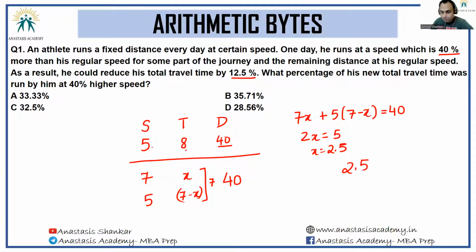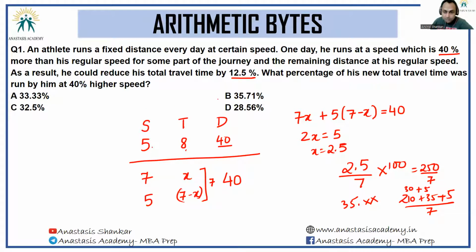It will be 2.5 by 7 into 100, or 250 by 7, or 210 plus 35 plus 5 by 7. This gives me 30. This gives me 5. This gives me overall 35 point something something. So among the available options, the correct one has to be option B.